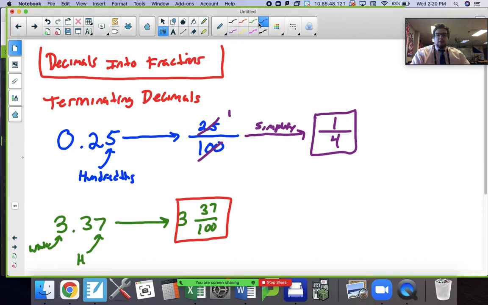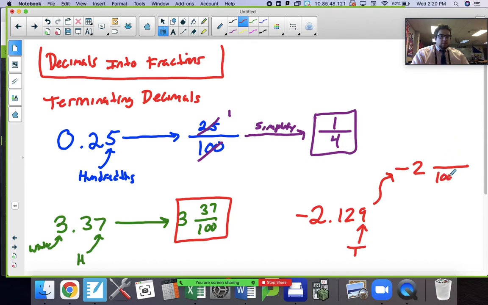If we had a decimal that had more digits, and let's make it negative for fun, negative 2.129. The negative 2, that's the whole number. It goes out in front. The 9 is in the thousandths place. And then we have 129 on top.